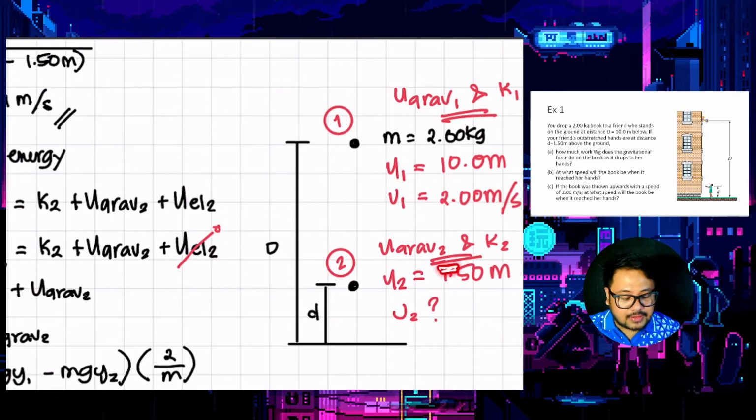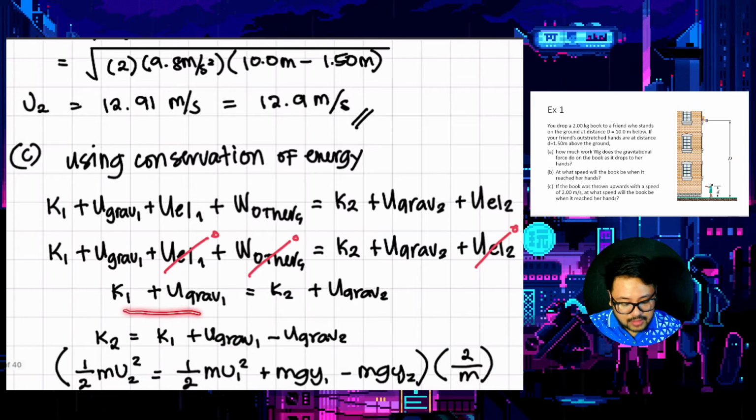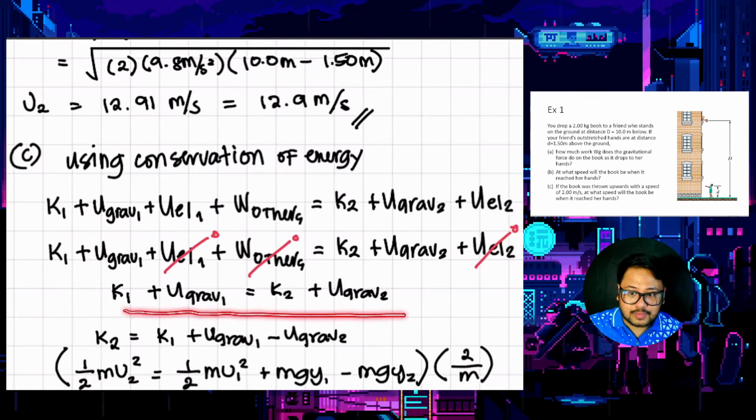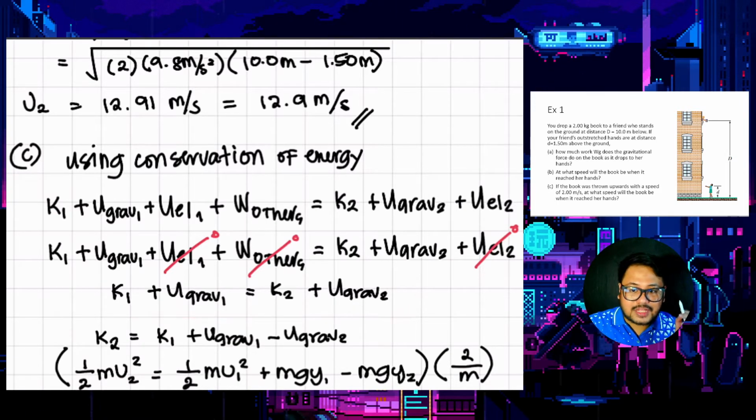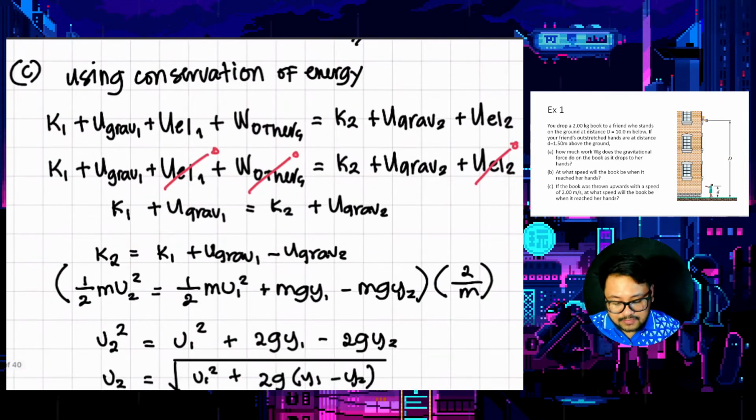So what will happen now is that you have U grav 1 plus kinetic energy 1 equal to U grav 2 plus kinetic energy 2, or K1 plus U grav 1 equal to K2 plus U grav 2. We are after the speed at the hands of your friend, where the book reaches at that point. So that's from K2.